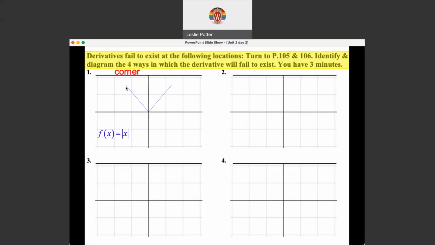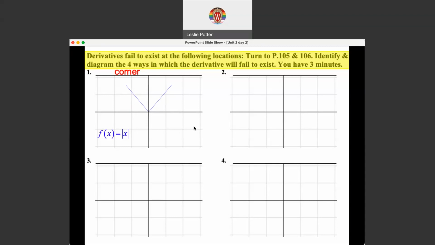The slope here is negative and the slope here is positive. So if we're at this point right here, we don't know if we're on the negative line or the positive line, so we just say the derivative doesn't exist. It's confusing. We don't know which value to use. So when we have a pointy point, a corner, technically it's a location at which the derivative fails to exist.